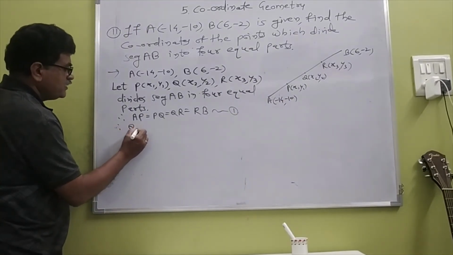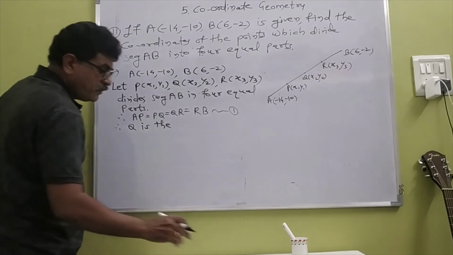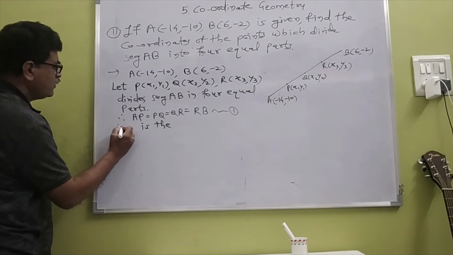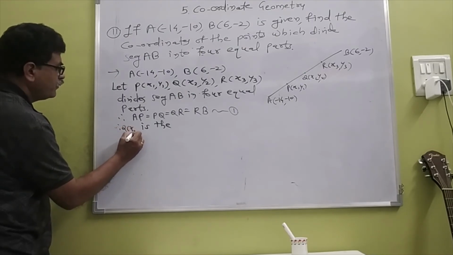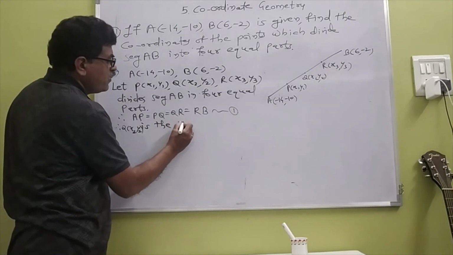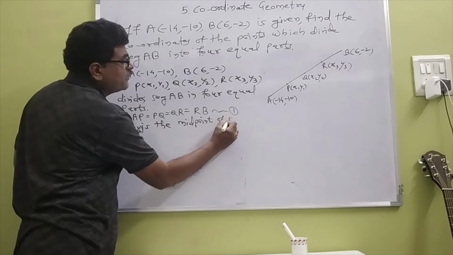Therefore, Q of x2, y2 is the midpoint of segment AB.